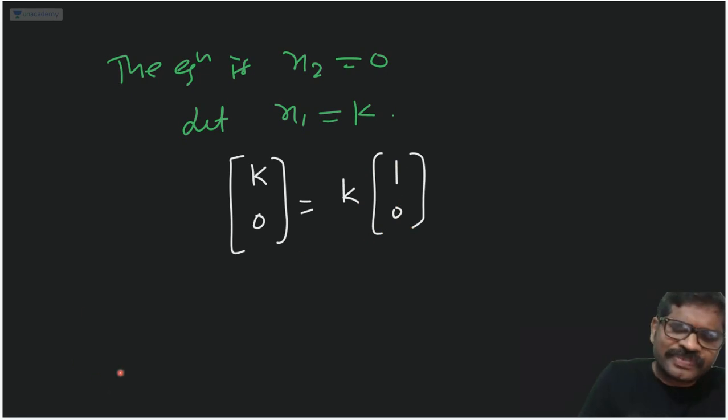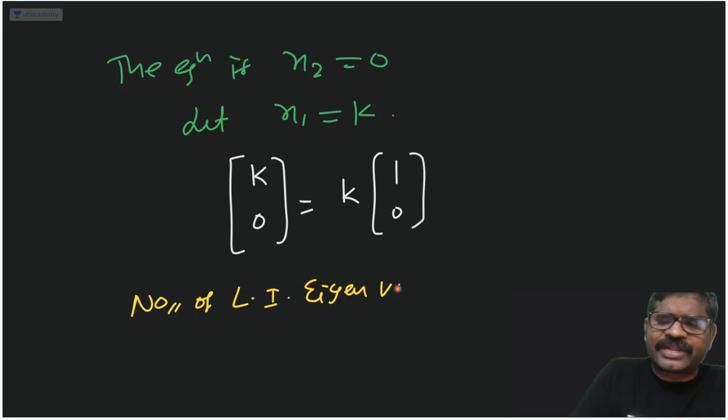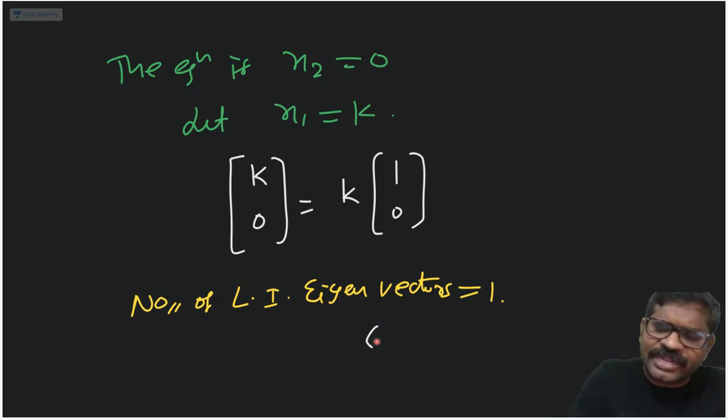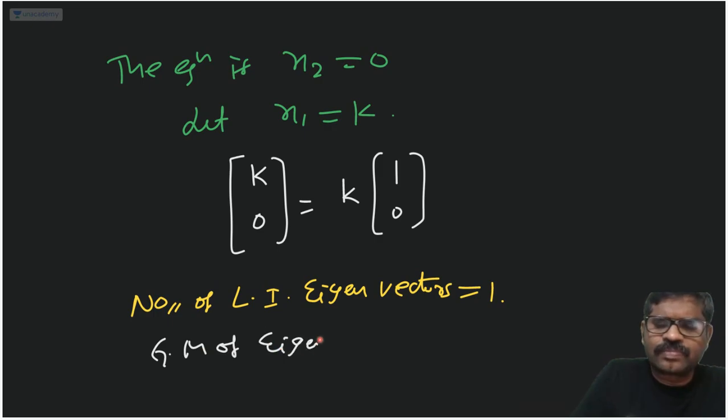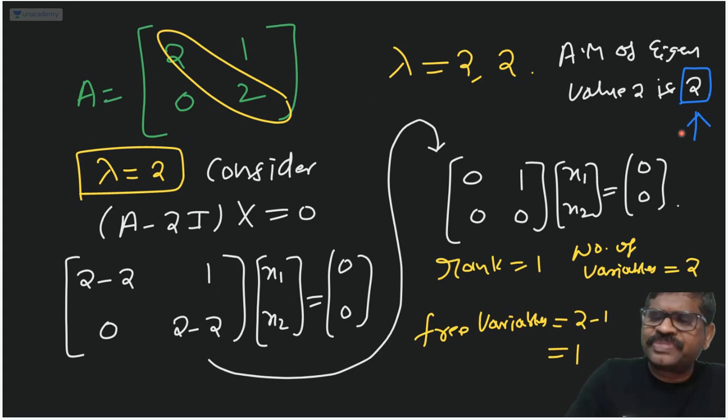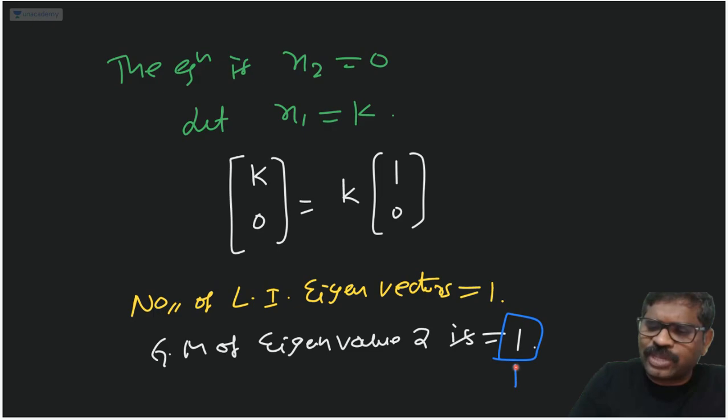Therefore, the number of linearly independent eigenvectors is 1 and only 1. Here, the geometric multiplicity of eigenvalue 2 is 1. AM of eigenvalue 2 is 2. GM of eigenvalue 2 is 1.